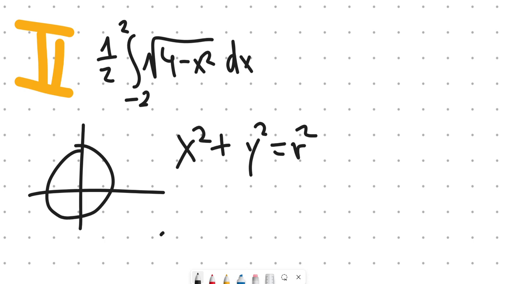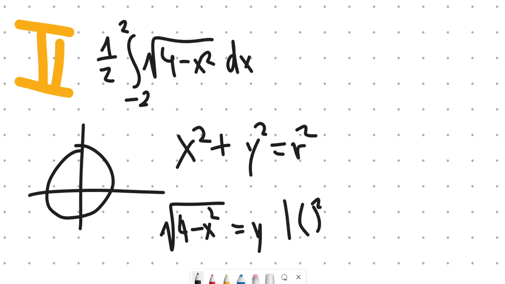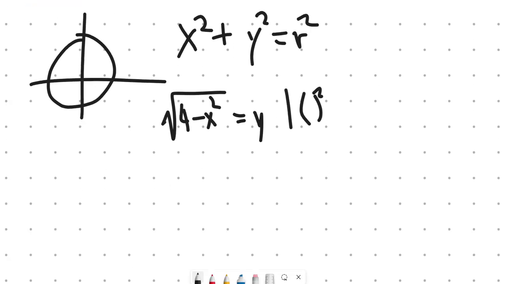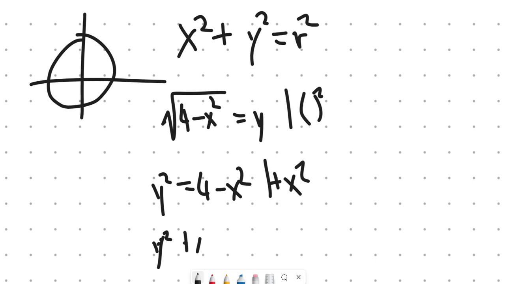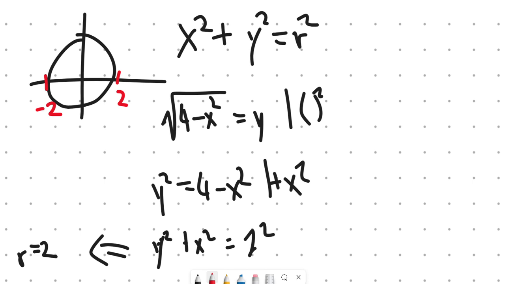If we let the square root of 4 minus x squared be equal to y and square it, we get y squared equals 4 minus x squared. Adding x squared on both sides, we get y squared plus x squared equals 2 squared, which is 4. So we can indeed say the radius is 2. Since the radius is 2, this point is -2 and this is 2.